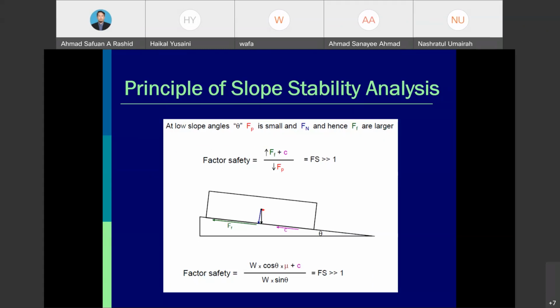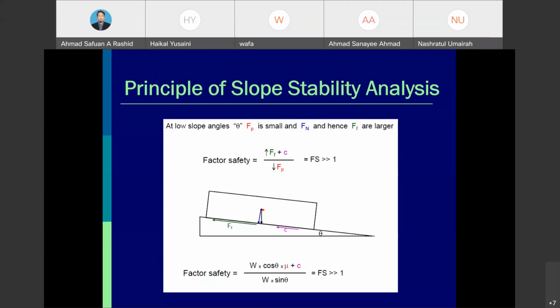If the factor of safety is equal to 1, it means that the friction or resisting force is equal to the driving force. So we also consider it a critical condition of slope stability.